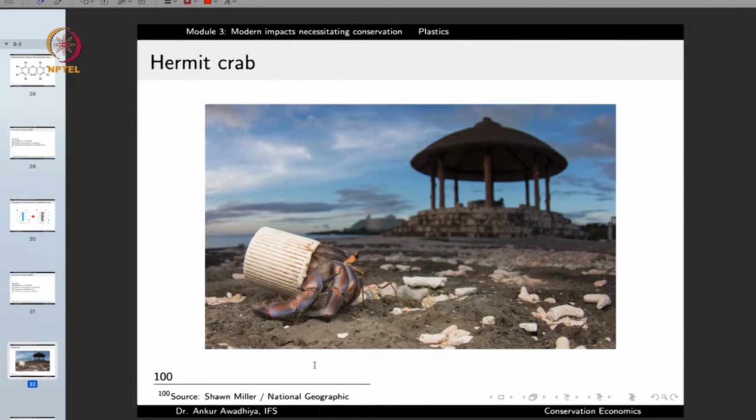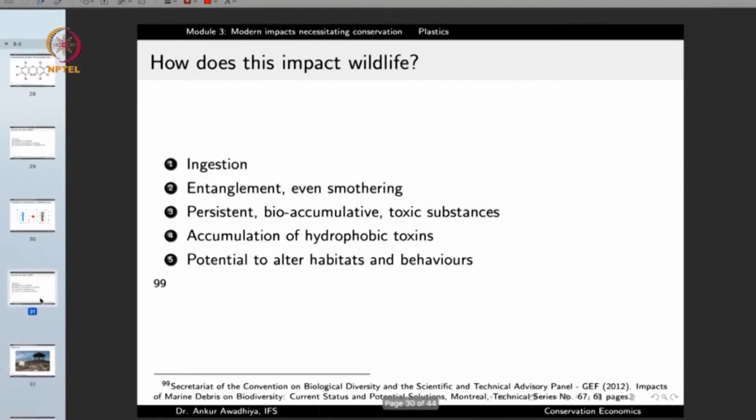Now, what we are observing here is that this hermit crab is using a piece of plastic as its protection. This is not a natural behavior, this is an artificial behavior, which is there because this hermit crab is now finding quite a huge amount of plastics in its natural habitat. So, plastics have the ability to alter habitats and behaviors.